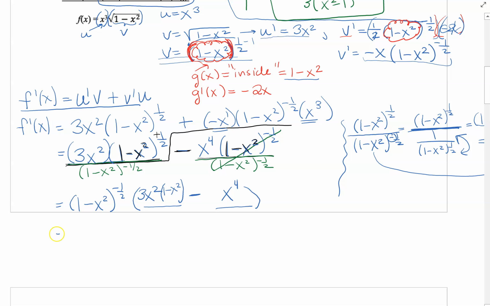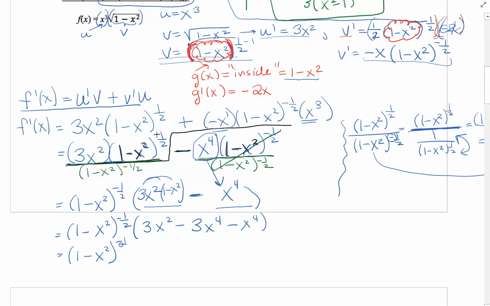And so now I can distribute the 3x squared on the inside there. So I get 3x squared minus 3x to the 4th minus the other x to the 4th that was in there from this term. And so then I get (1 minus x squared) to the negative 1/2 times (3x squared minus 4x to the 4th).